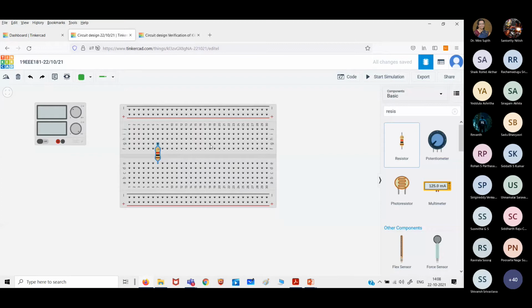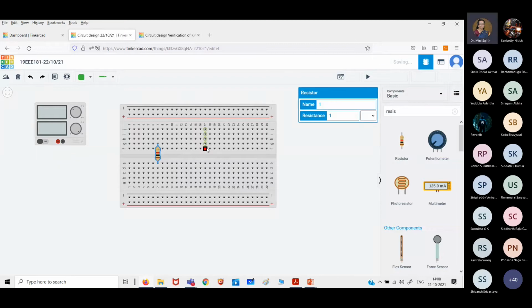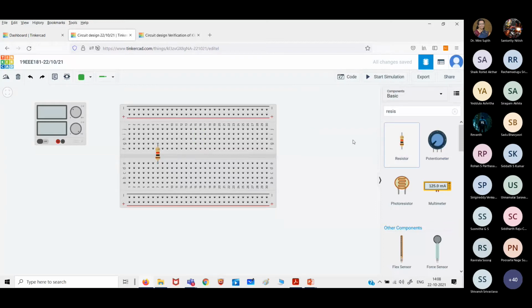Either you copy paste, even if you press control C and control V, immediately you will get the rest of the resistors or the same components. Else you can again click it, drag it. Whichever way you are comfortable. All of you have got 3 resistors?